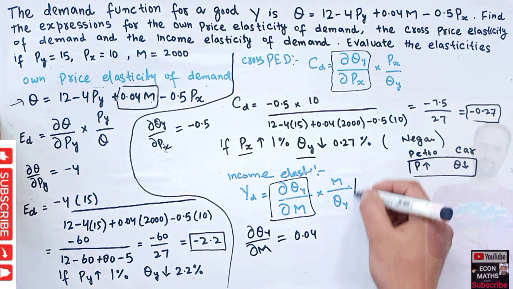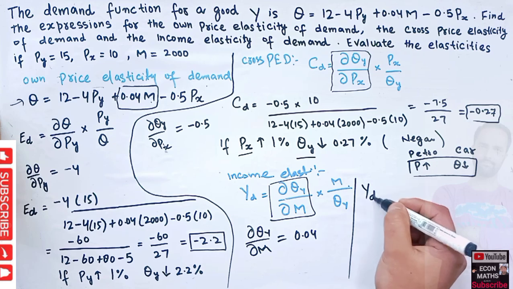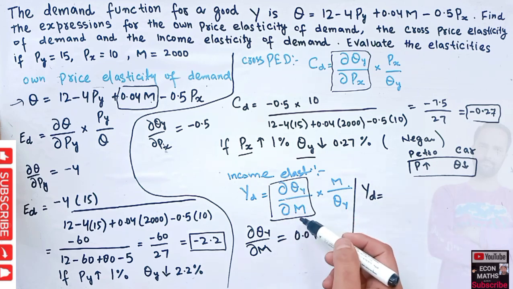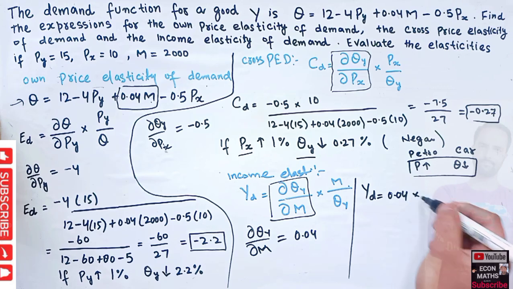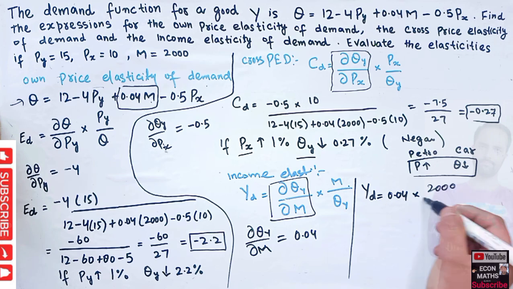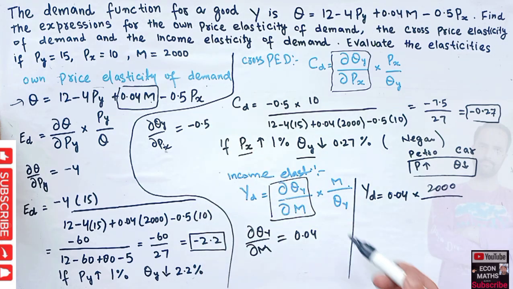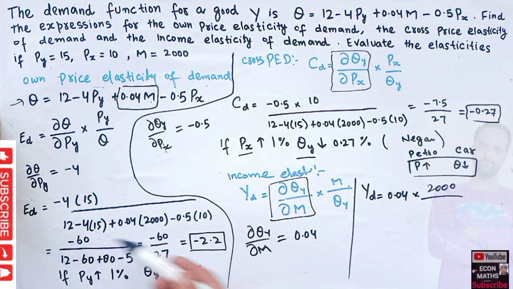And what is the income elasticity of demand? dQy upon dM came out to be 0.04 into the income. Income is given as 2000, and Qy is this whole stuff when evaluated at the given values.